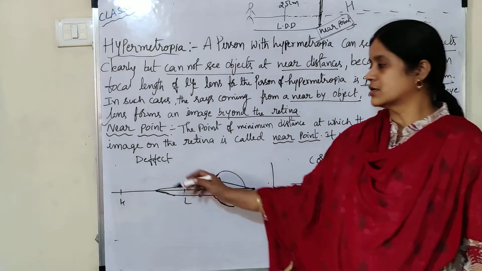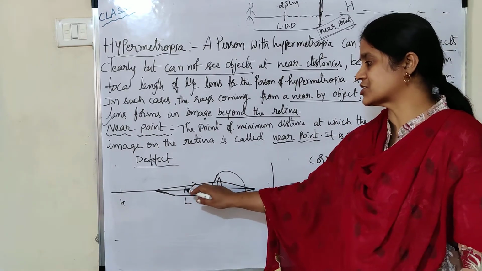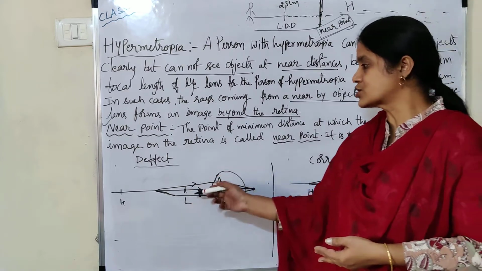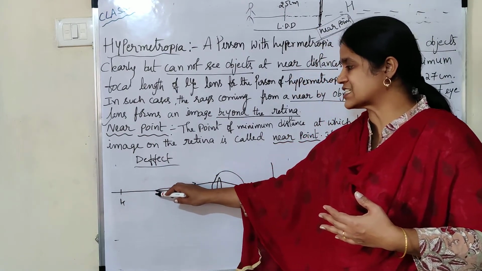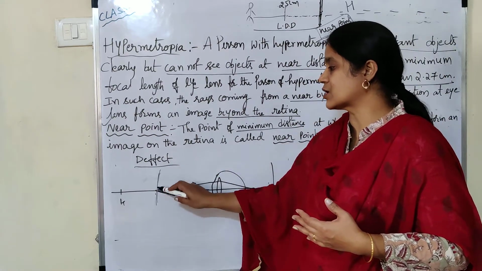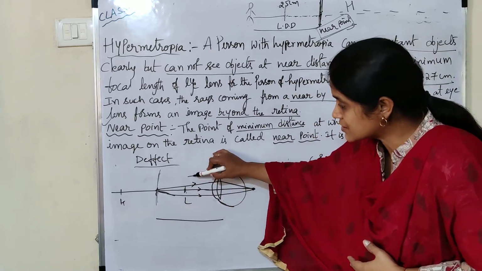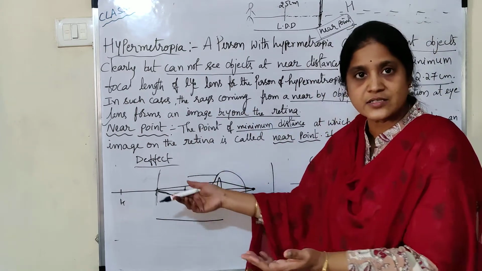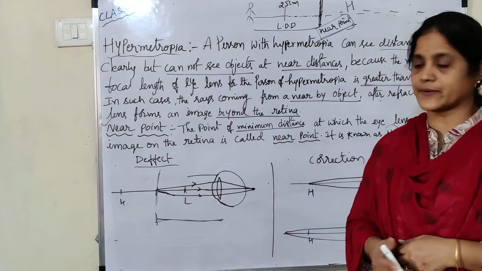Okay, now coming to the ray diagrams. This is the eye lens. Here this is the least distance of distinct vision. From the far distance up to the minimum distance at which he can see, that point is the least distance of distinct vision, and for a healthy person it is 25 centimeters. For hypermetropia people, it depends on the person.